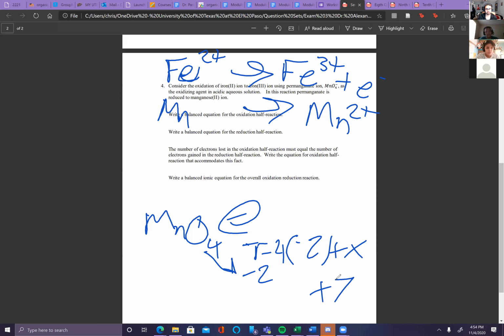It's gaining electrons. Losing, because it's becoming positive. Yeah, becoming positive, which means that it's losing electrons, right? So if it lost 7 electrons, what would be its charge then?